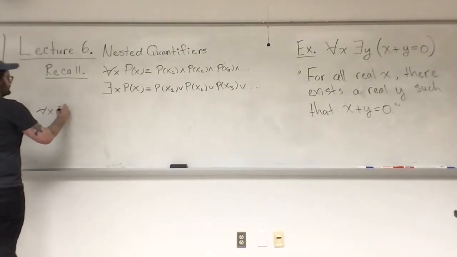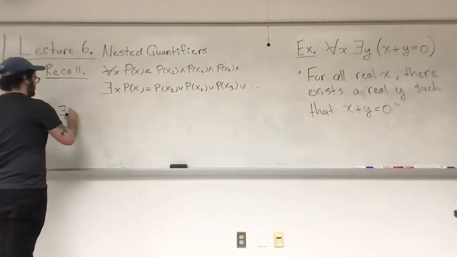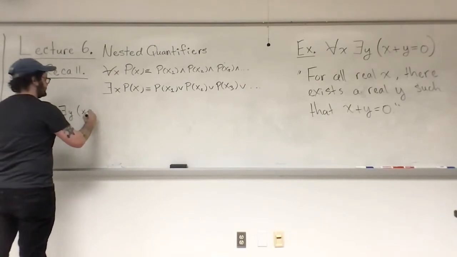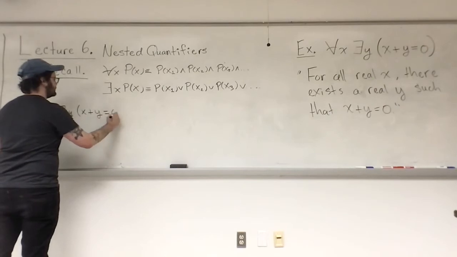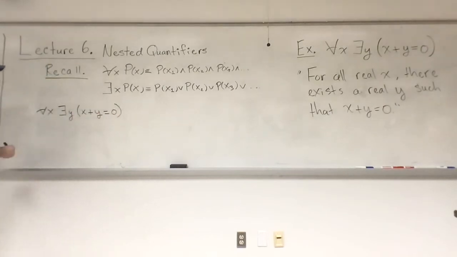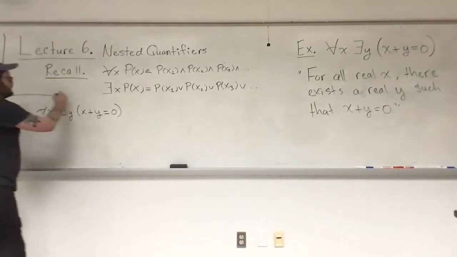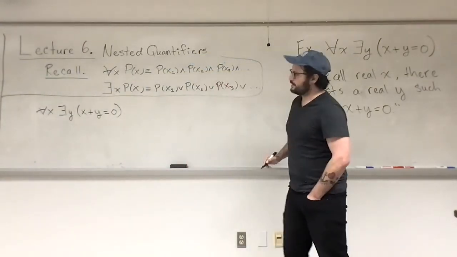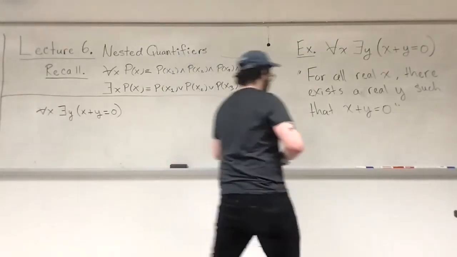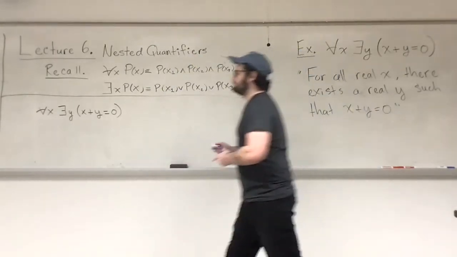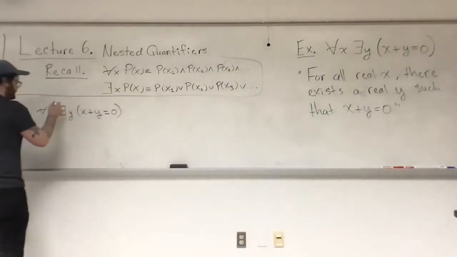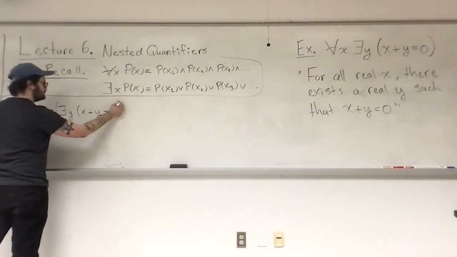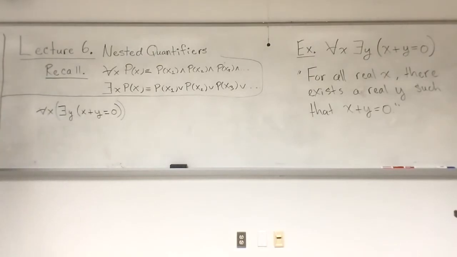What do I mean by that? Let's start with it: for all x, there exists y such that x plus y is equal to 0. Starting here, just to distinguish it from our little piece. What we can do is treat this as a propositional function.